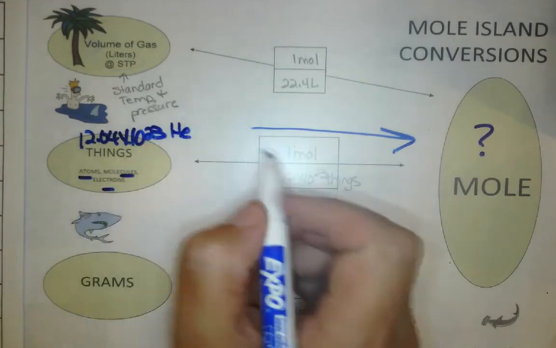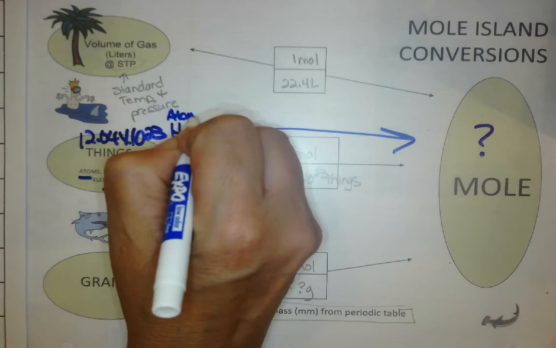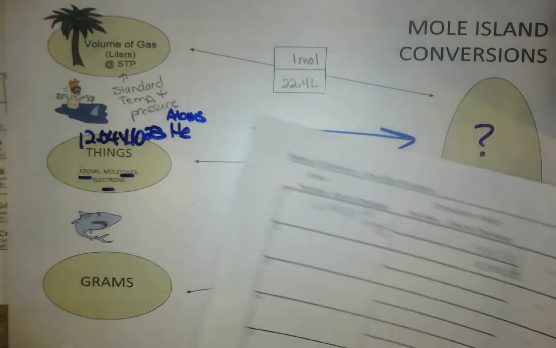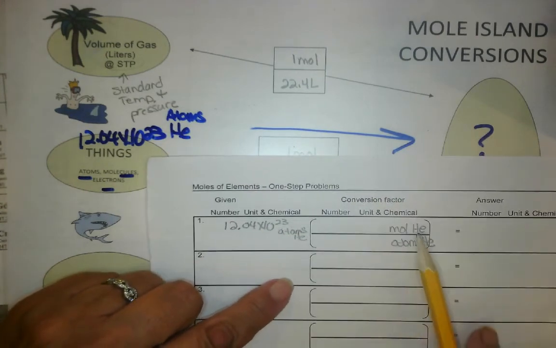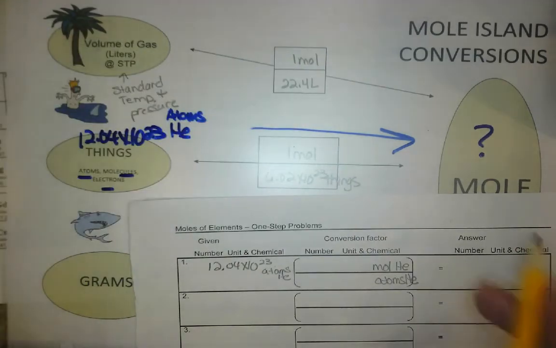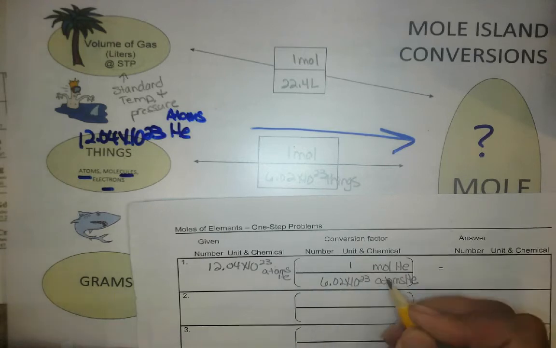So how do I know which way to write this conversion chart? Well, I want to get rid of atoms, and I want to go to moles. If I look right here, 1 always goes with moles, and my atom is 6.02 times 10 to the 23rd.